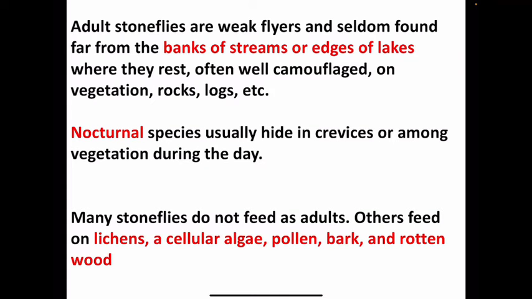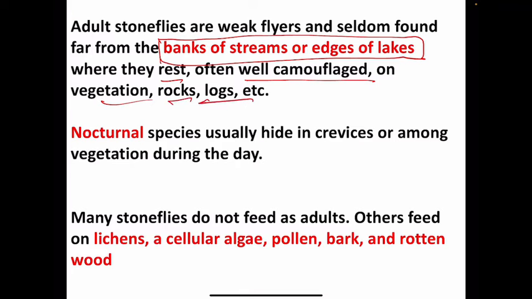These adult stone flies are weak flyers, and they are seldom found far from the bank of a stream or edges of a lake, so they are usually found near the water source. They usually rest, often well camouflaged, on the vegetation, rocks and logs.